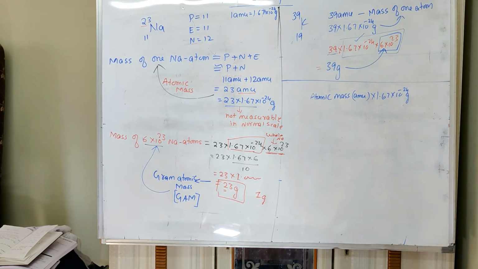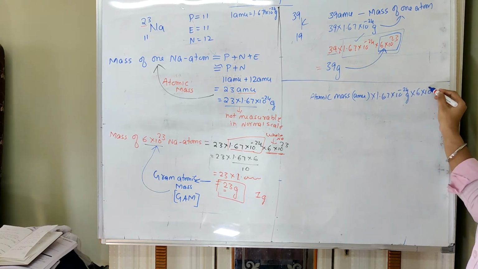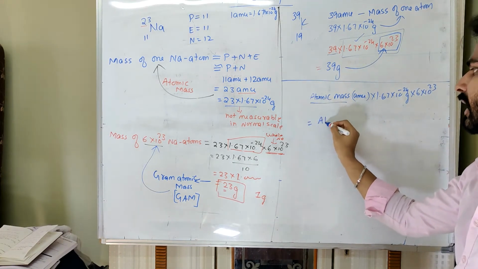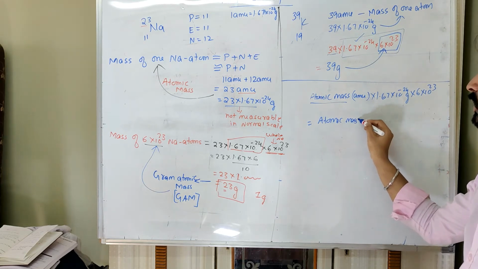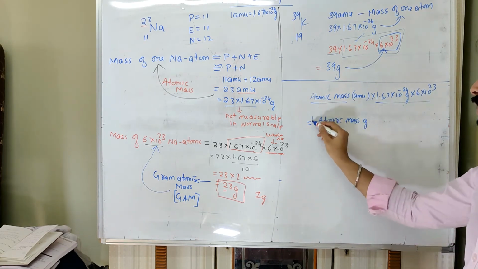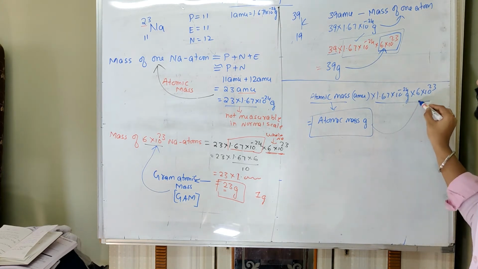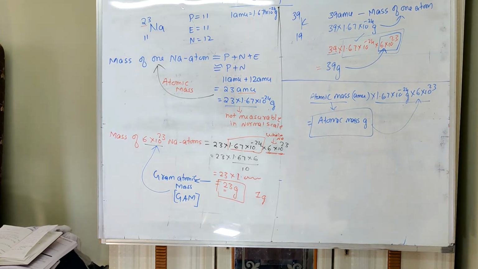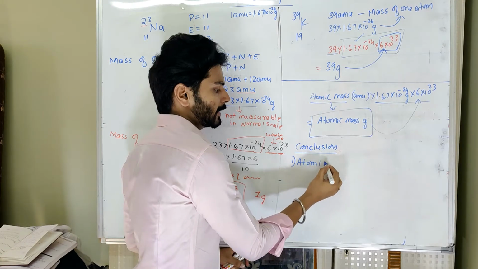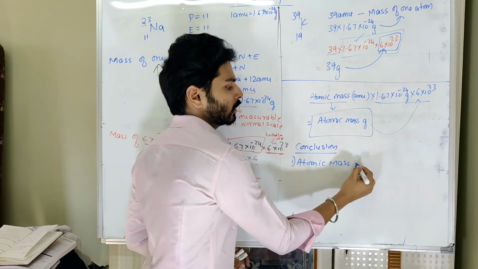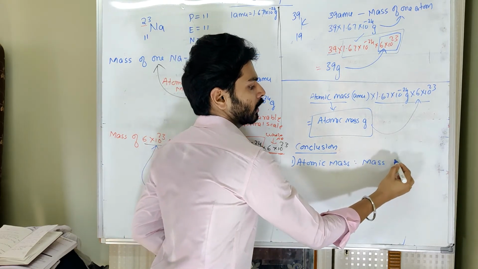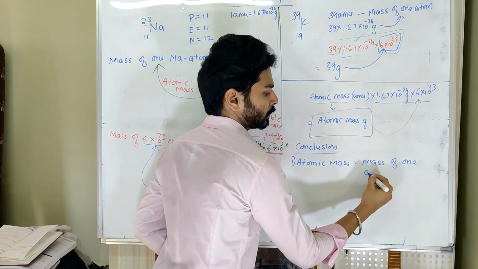So when I change the element, this particular atomic mass or mass number will change. These two never change. Why? Because this is fixed as a conversion factor, and to make it 1, I need to make this particular thing fixed. So from now onwards, whatever element I take, and its mass number or atomic mass is represented in AMU, then I will take atomic mass as the mass of one atom of an element.